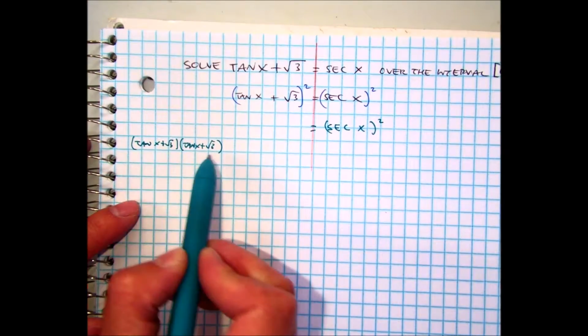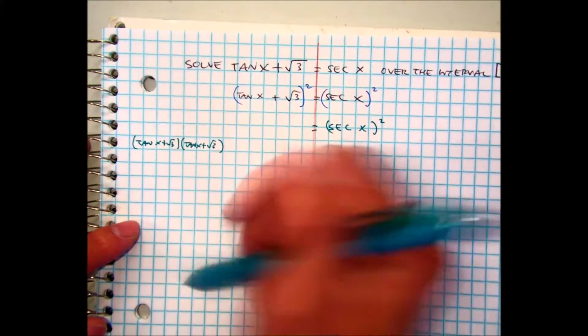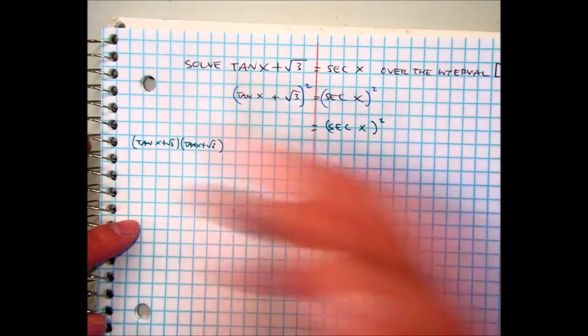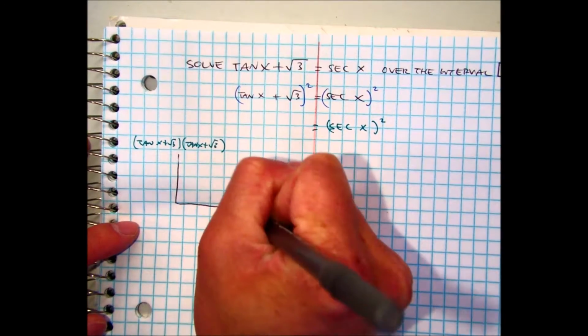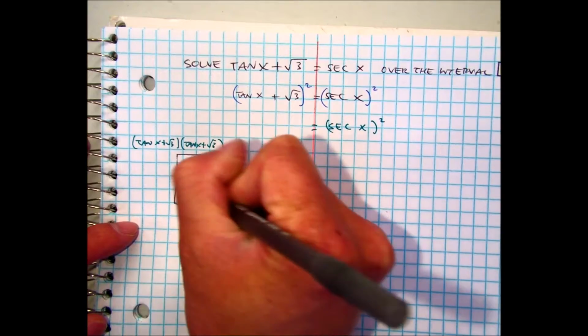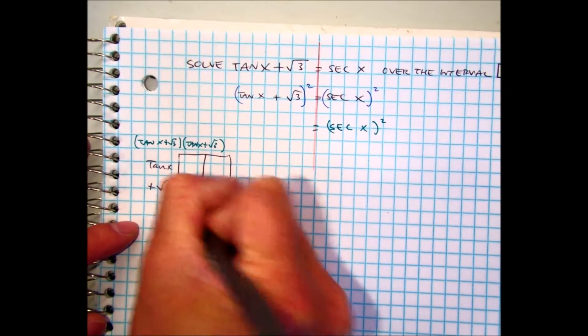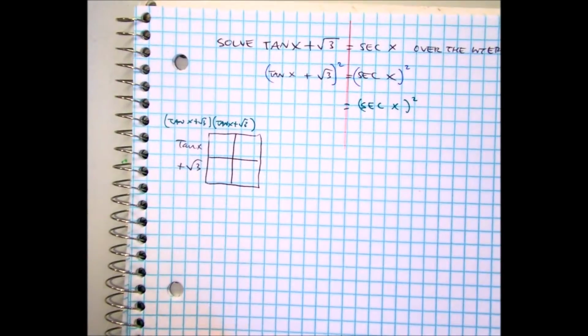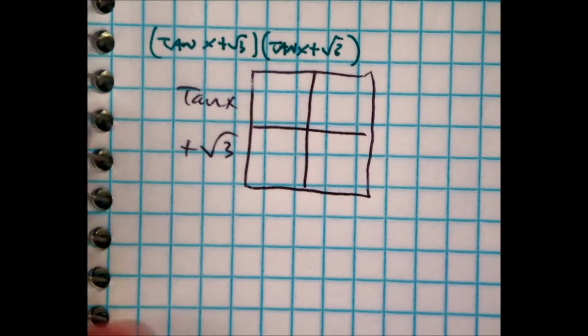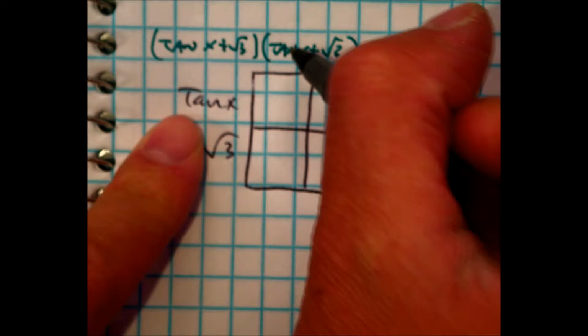Here you have a binomial times a binomial. I teach my students to use the box. You don't have to use the box, you can use FOIL, doesn't matter. So this is tangent of x, and you have plus radical 3. Class, what's tangent times tangent?